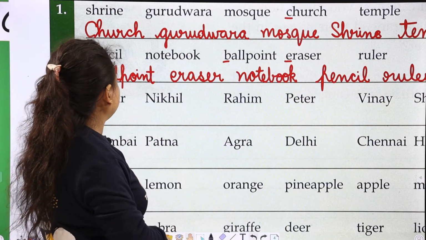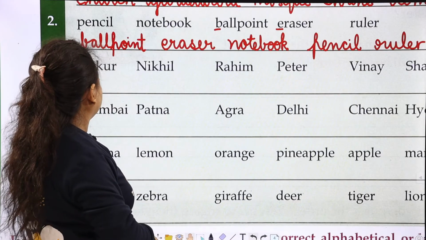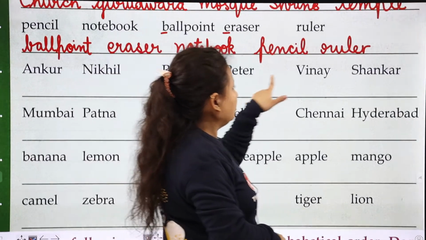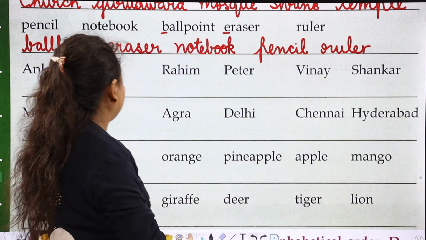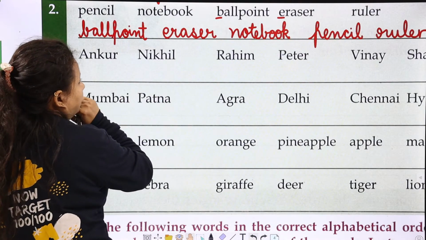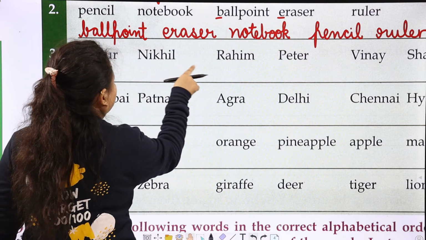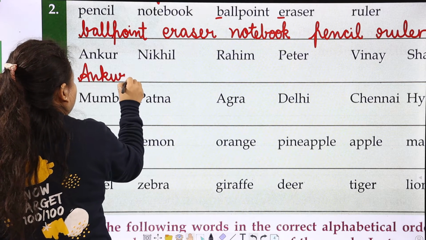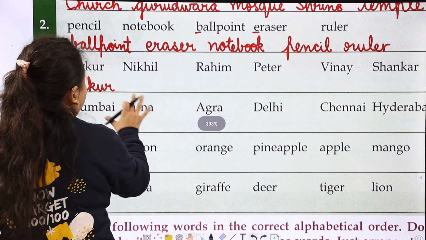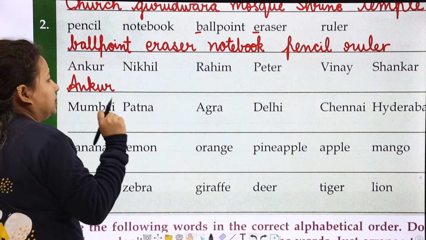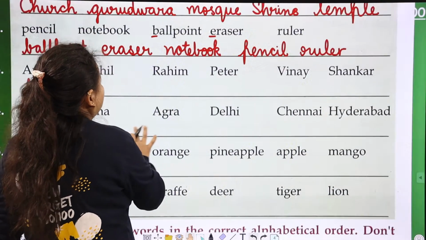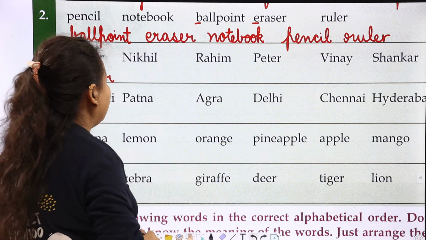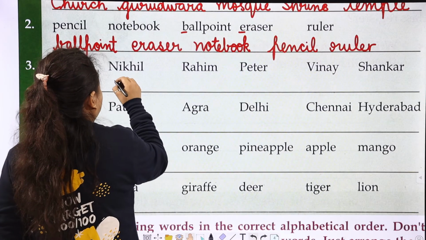We have to see the first letter of the word. Next is Ankur, Nikhil, Rahim, Peter, Vinay and Shankar. So the first letter is A. A, it means Ankur. Next is B, C, D, E, F, G, H, I, J, K, L, M, N. Nikhil.